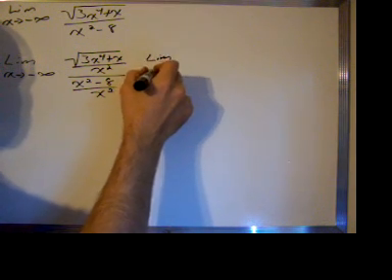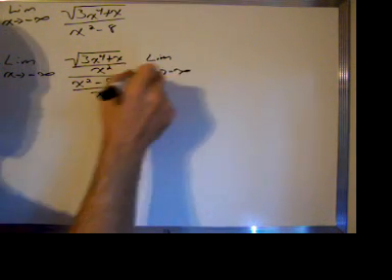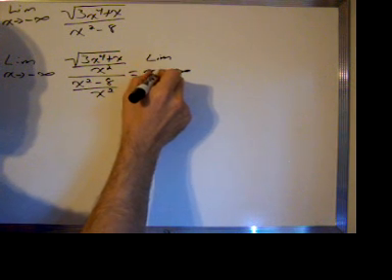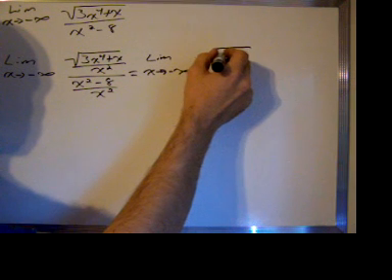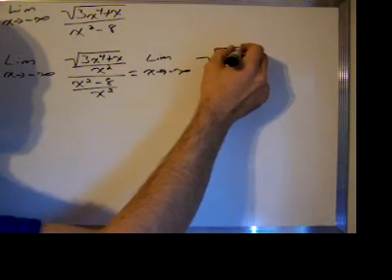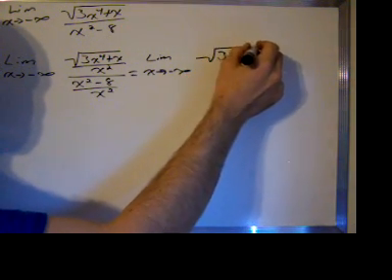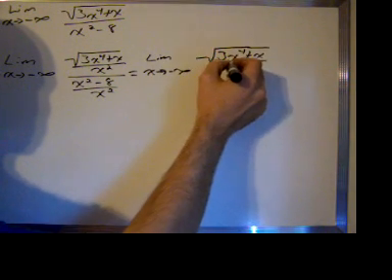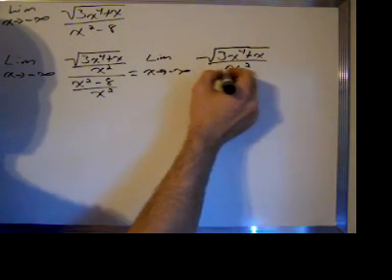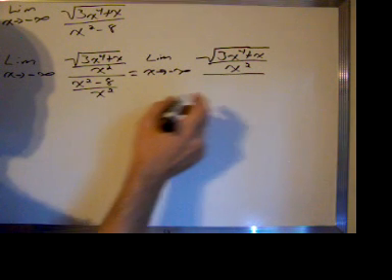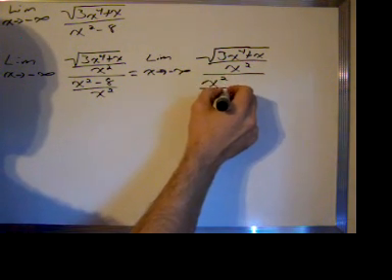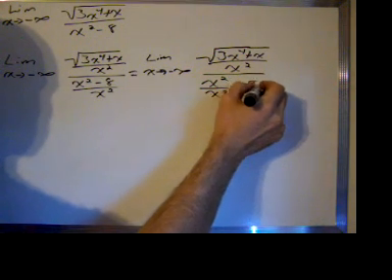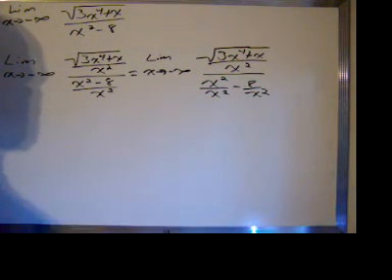So we have the limit as x approaches negative infinity of the square root of 3x to the fourth plus x divided by x squared, over, I'm going to decompose this denominator into x squared over x squared minus 8 over x squared.